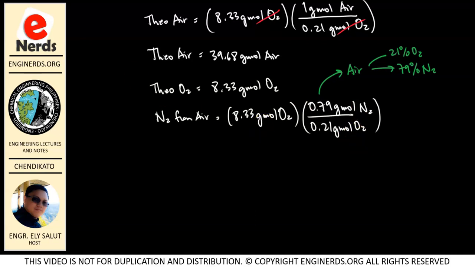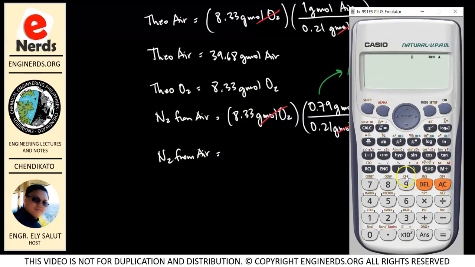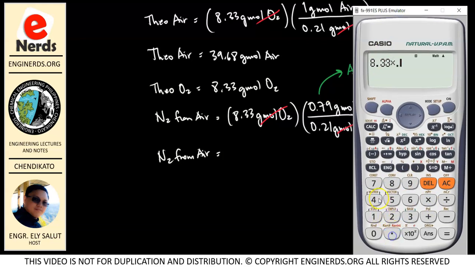So from here, as you can see, gram mole of O2 will be cancelled out. So may iwan is yung gram mole ng N2. So gaano karaming N2 meron tayo sa air? So let's calculate that. We have 8.33 times 0.79 divided by 0.21, okay, which is equal to 31.336.